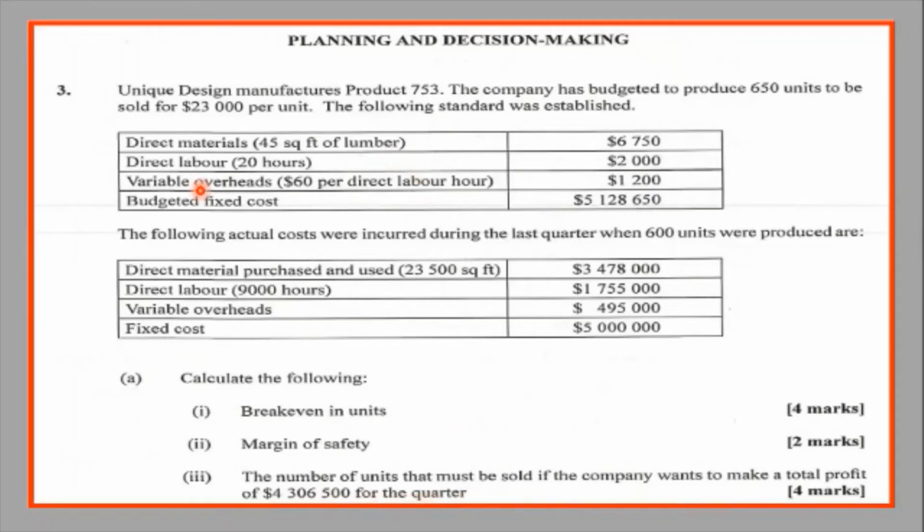Okay, so let's take a look at the data. Some of it is budgeted, as we saw, and some of it is actual cost. Now, for the break-even, margin of safety, and the target profit here, we will use the budgeted data only, and the actual data would be used for the other parts of the question, the variance analysis.